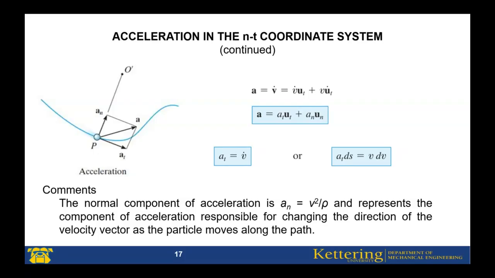Okay? To prove those ones, return back to the previous slide. Why I got those equations and this. Again, along tangential, it is v dot, or the change of velocity with respect to time. Along the normal, it is v squared divided by rho.